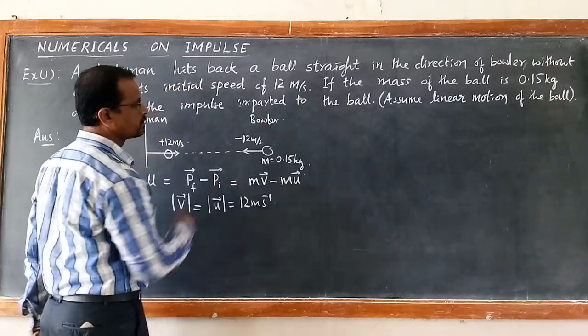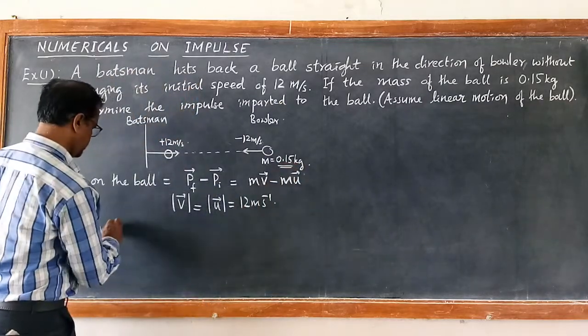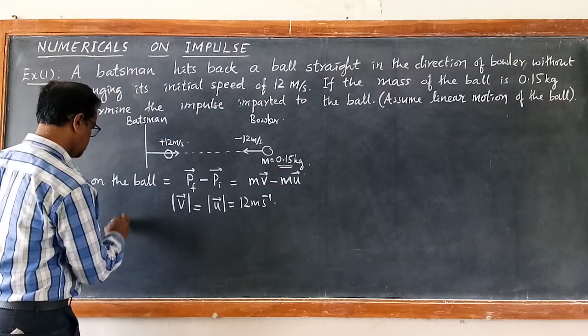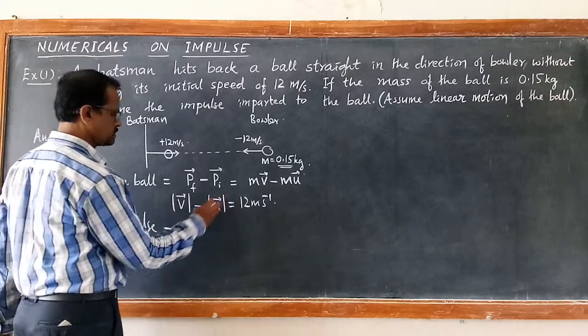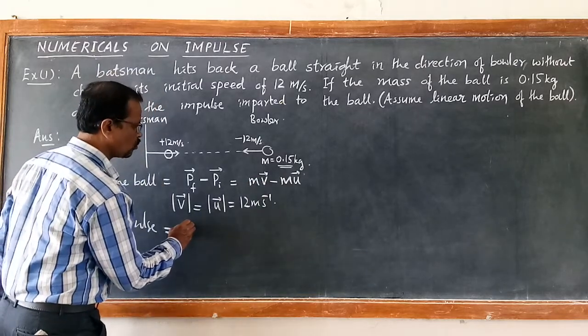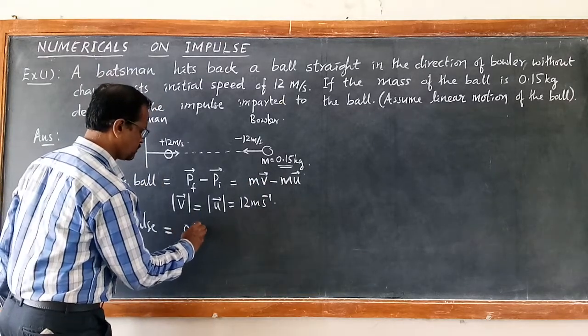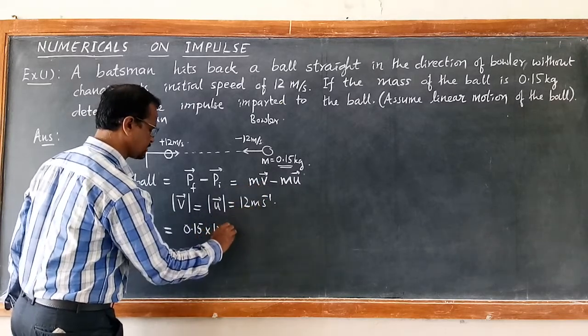And m is given, 0.15 kg. Therefore, impulse becomes m v minus m u, that is 0.15 kg into v, where v is 12 meter per second.